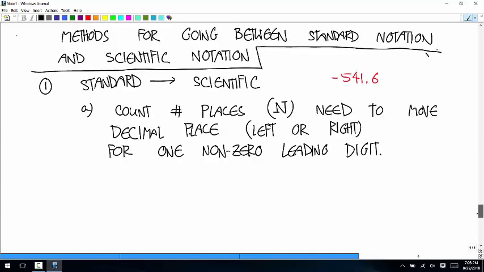Okay, so in the case of this example, our one non-zero leading digit is going to be that 5. So how many places do we have to move the decimal from where it is to just having the 5 before the decimal place? 2. And do we have to move to the left or the right? Left, yep. So in this case, n is equal to 2 and we move to the left.